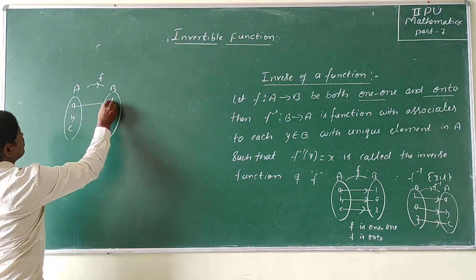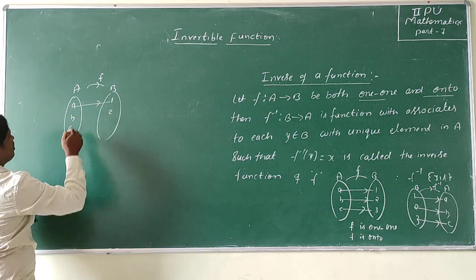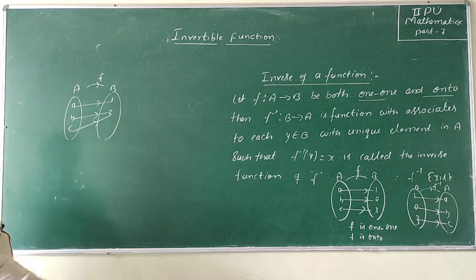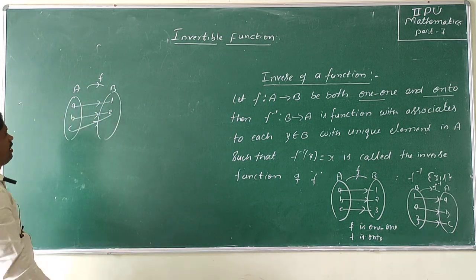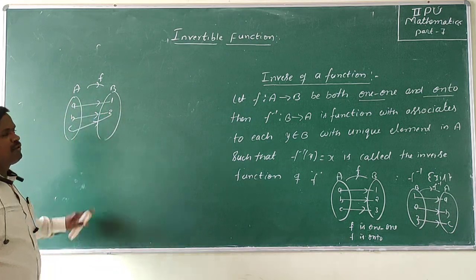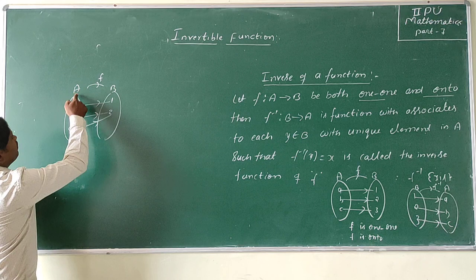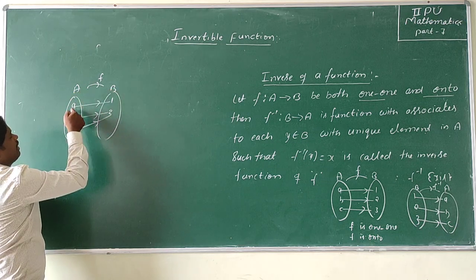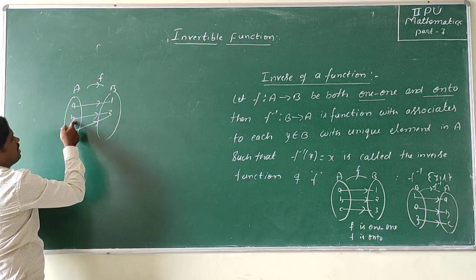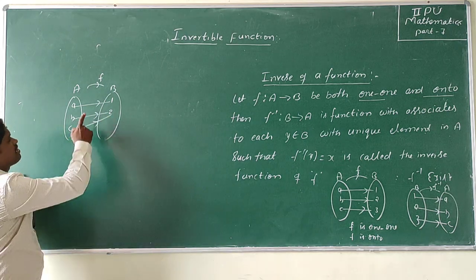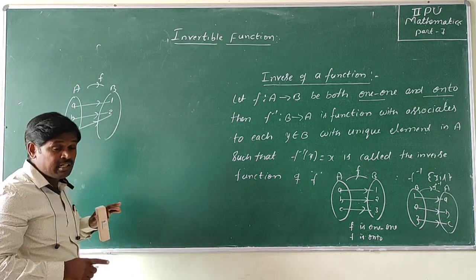So I am taking two elements related like this. So this is the function. See here whether the inverse of the function exists or not. F is a mapping from A to B, and A is related with 1, B is related with 2 and C is related with 2. So does the inverse of the function exist or not?